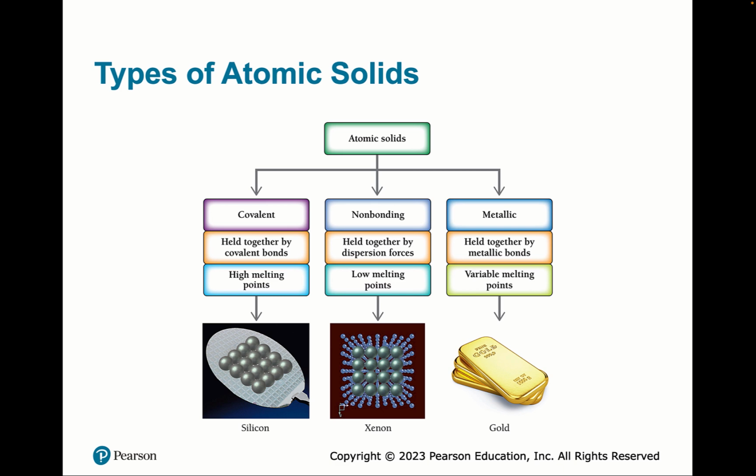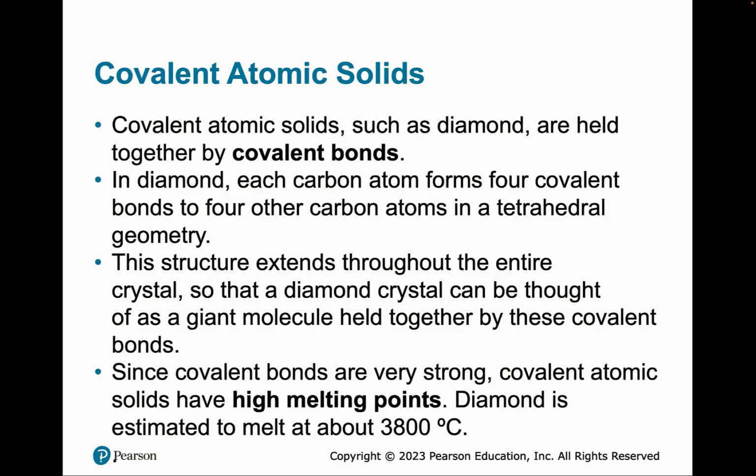These have very high melting points. Then we have non-bonding like noble gases. These have very low melting points. And then metallic bonds, it's variable. It just depends. And so the covalent bonds, these are really strong.